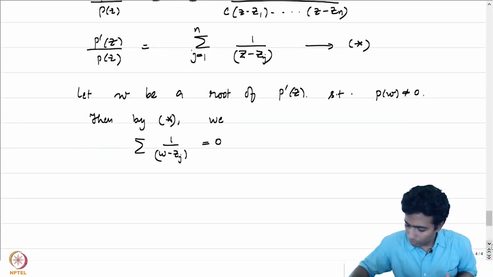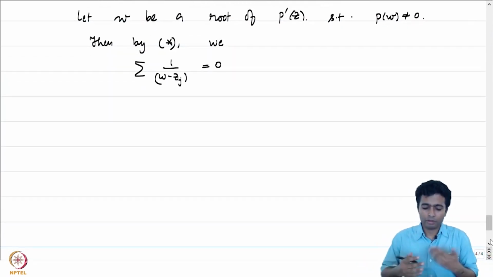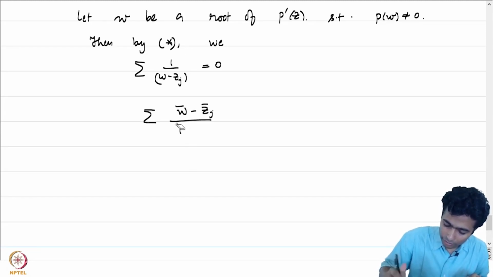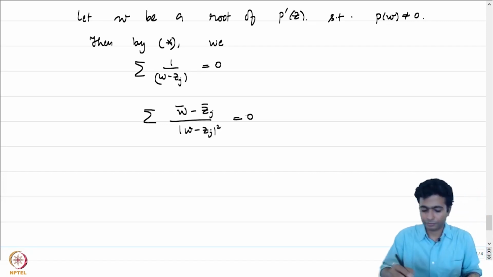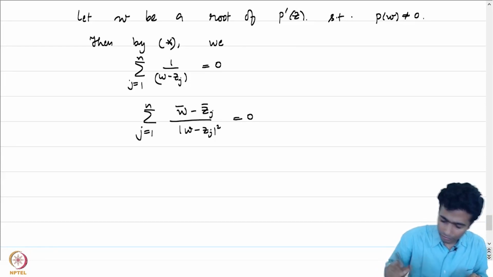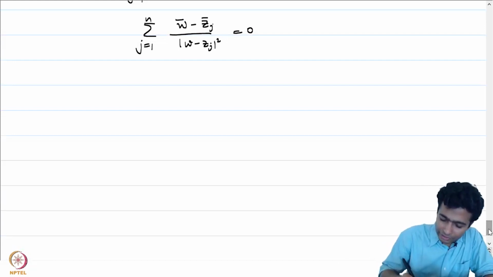But then we are almost through, because now we will just rewrite this as the summation, j from 1 to n, of (w bar minus Zj bar) by the absolute value of (w minus Zj) squared, equal to 0. Now we are almost done. We just have to write the equation properly.